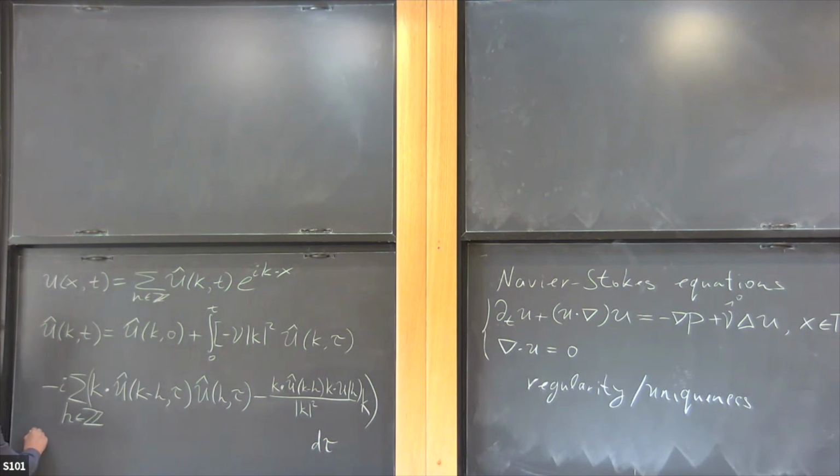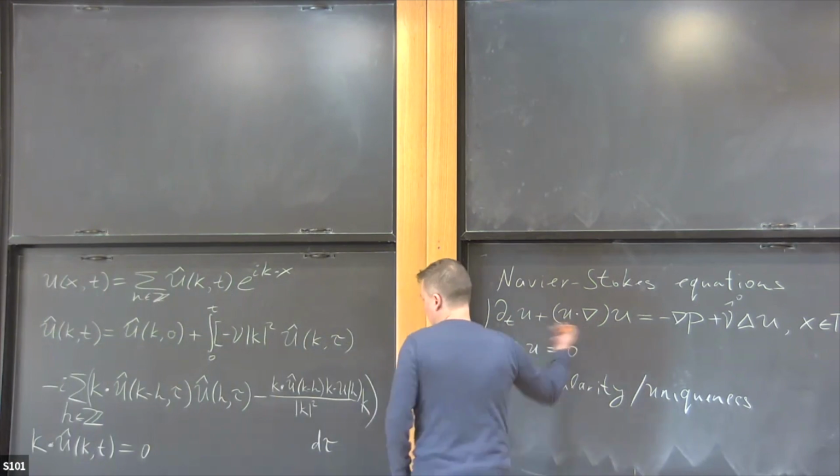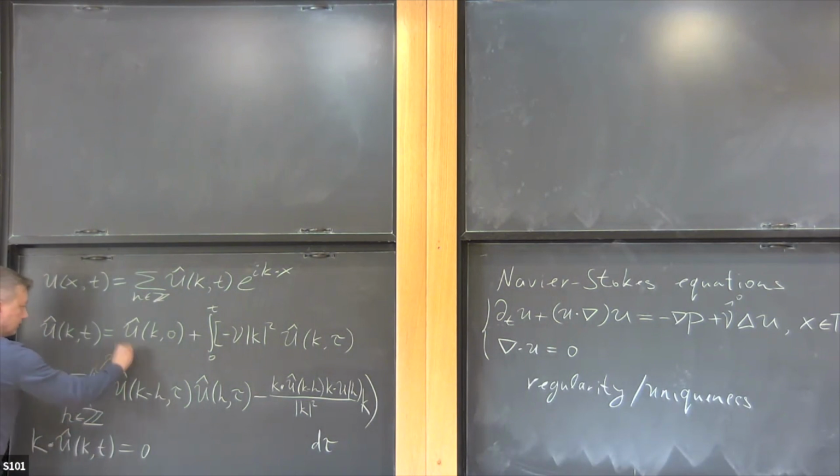By the way, again, the divergence-free condition is k dot u_k equals 0. This is the divergence-free condition in Fourier space. And the nonlinear term becomes something like this. It's a convolution, right? So in physical space, we have a product. It becomes a convolution. And here, you have a choice because of the divergence-free condition. You can either put here k or h, right?